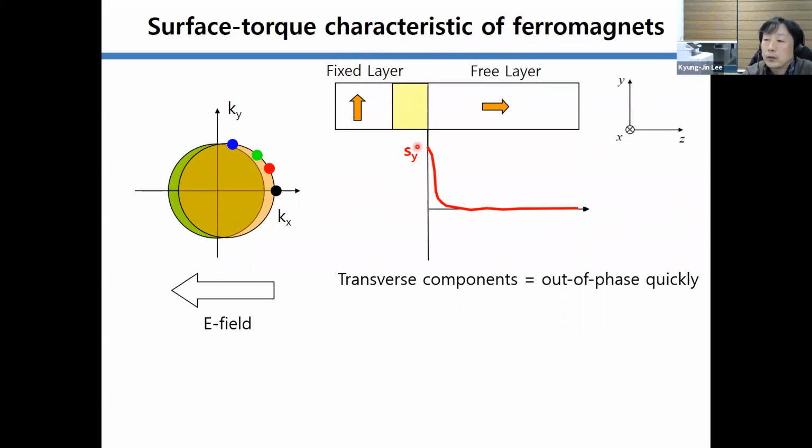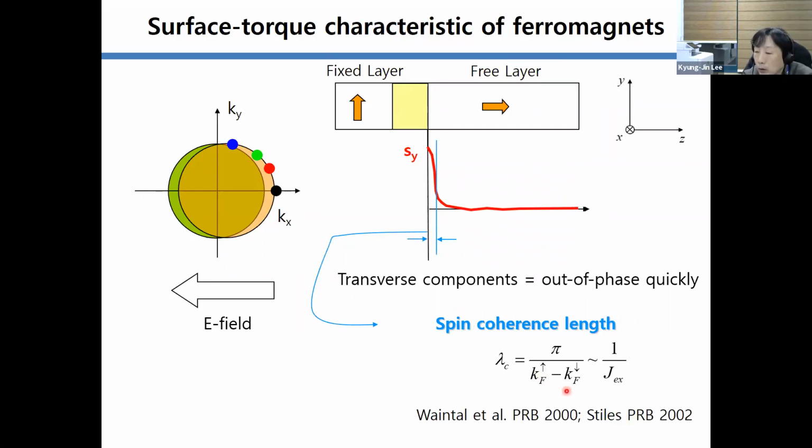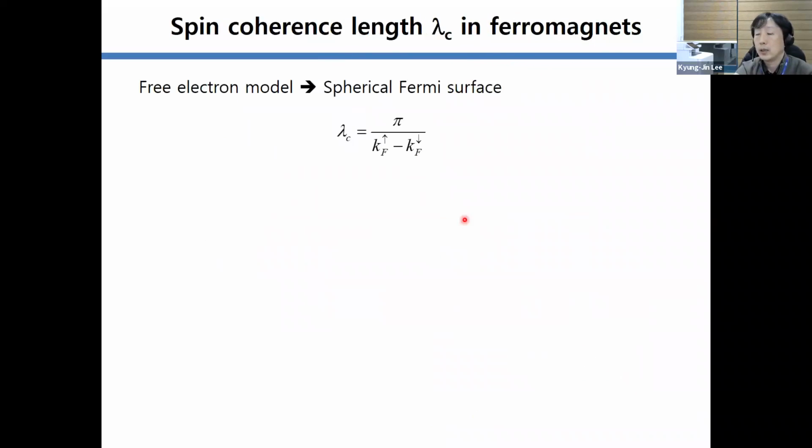So your transverse spin current will be absorbed by the ferromagnet within a very short thickness, about half a period of the precession. This thickness is called the ferromagnetic coherence length, or the spin coherence length, of the transverse spin current. According to the free electron model, that is inversely proportional to the difference of kF up and kF down, or approximately inversely proportional to the sd exchange strength.